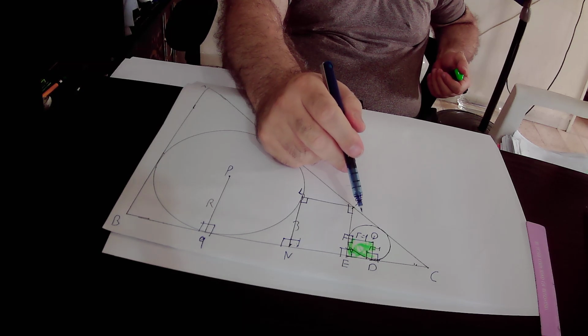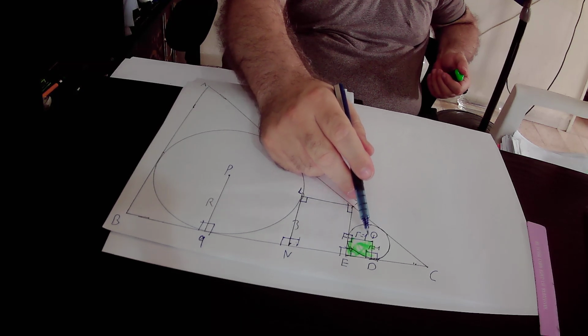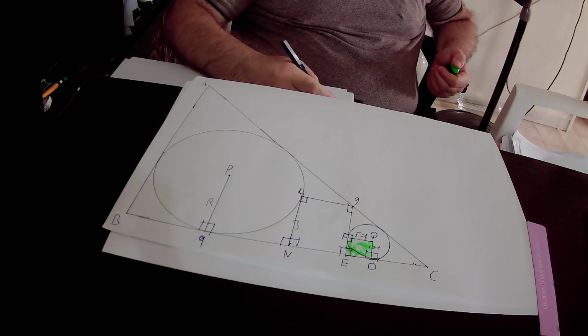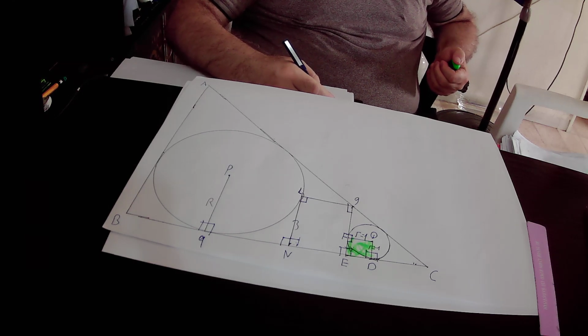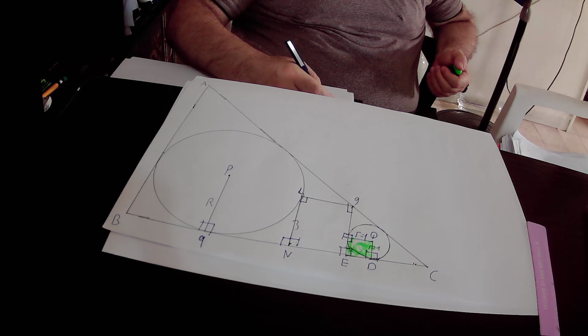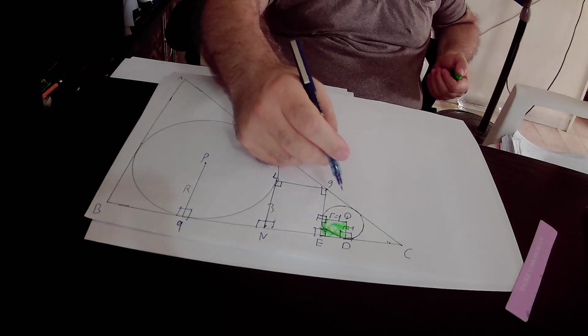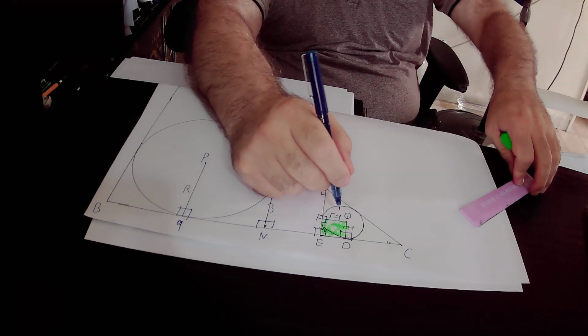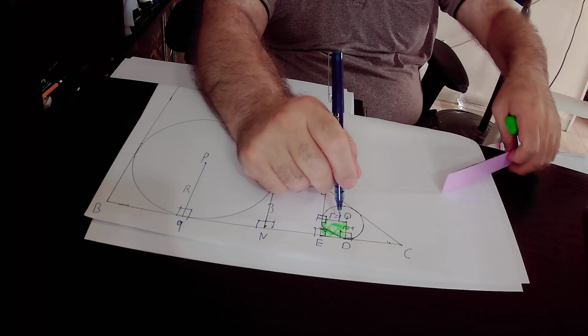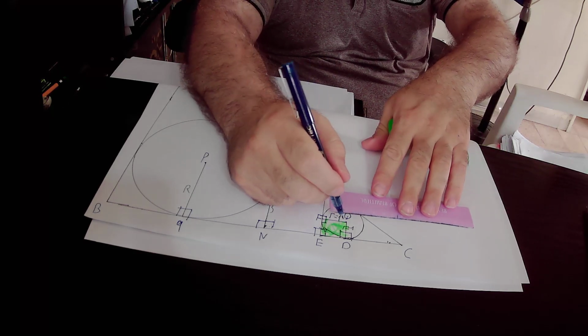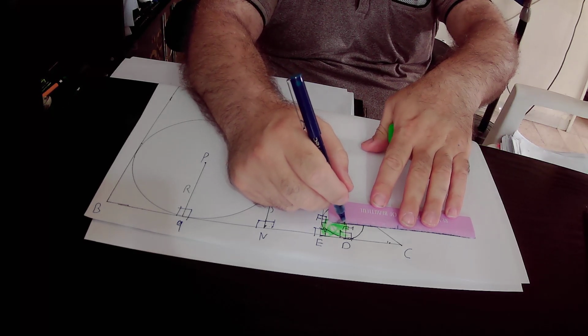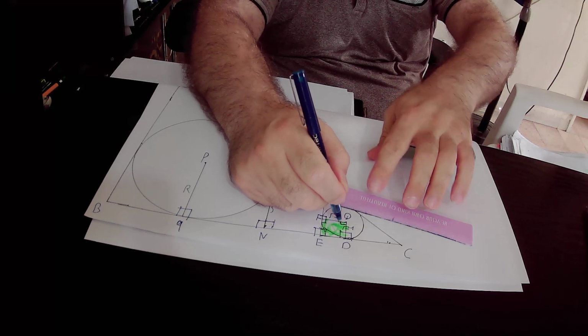Therefore, the fourth angle must be also equal to 90 degrees, according to the rule that the sum of the angles in any quadrilateral is equal to 360 degrees. The sum of 3 right angles is 270 degrees, therefore in order to complete the sum of the angles here to 360 degrees, this angle must be equal to 90 degrees.